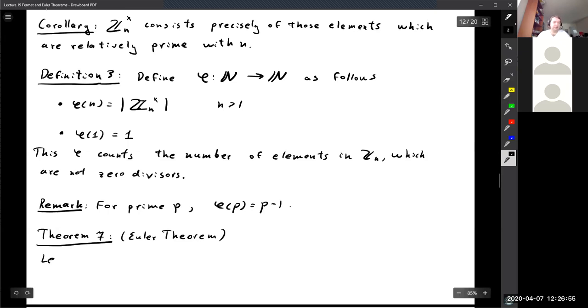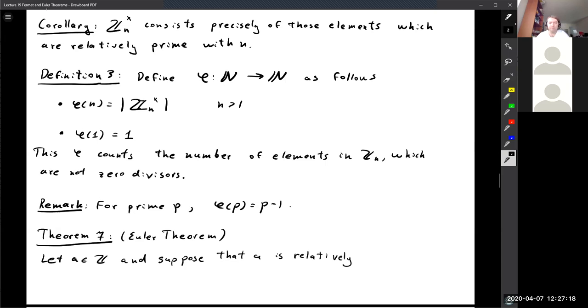So let A be an integer, and suppose that A is relatively prime to n, which is a natural number greater than 1.